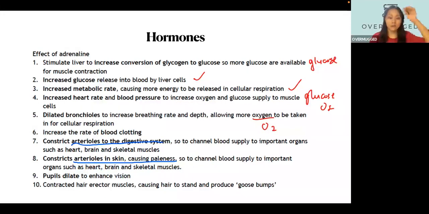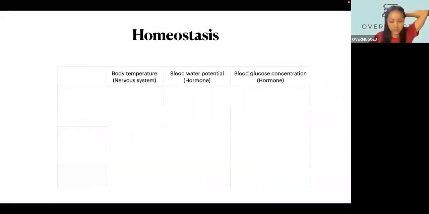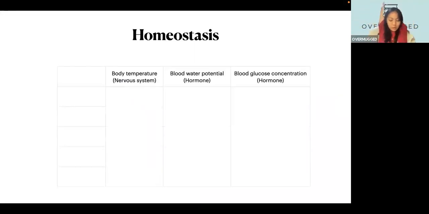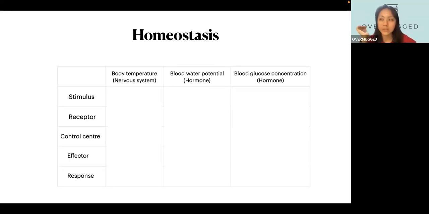Okay, move on. Now we talk about homeostasis. I'm not going to talk about the whole idea of homeostasis or every single process in detail, but I just want to cover a little bit of what homeostasis is about in your homeostasis chapter. For the combined students, maybe you just look at the last column. But for pure students, stimulus, receptor, control center, effector, response.